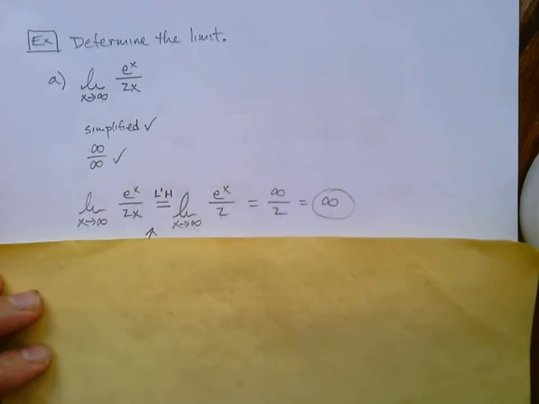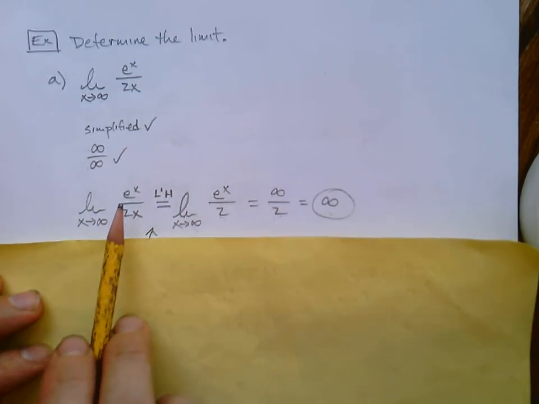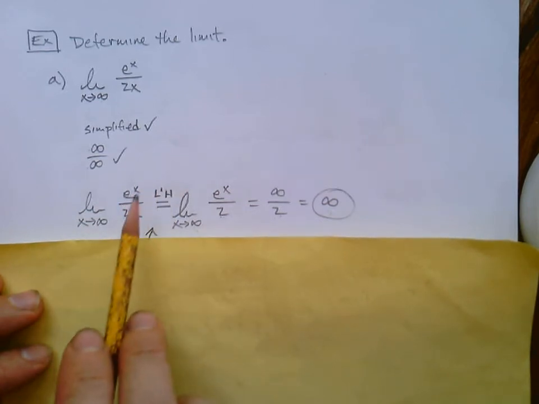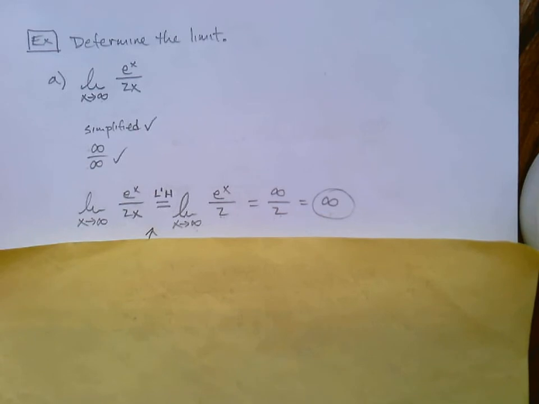They're both headed towards infinity, but this shoots off way faster than 2x does. It runs away from 2x, and so it carries the whole thing off to infinity with it. Okay, but we needed L'Hopital's rule to show us that without any doubt.